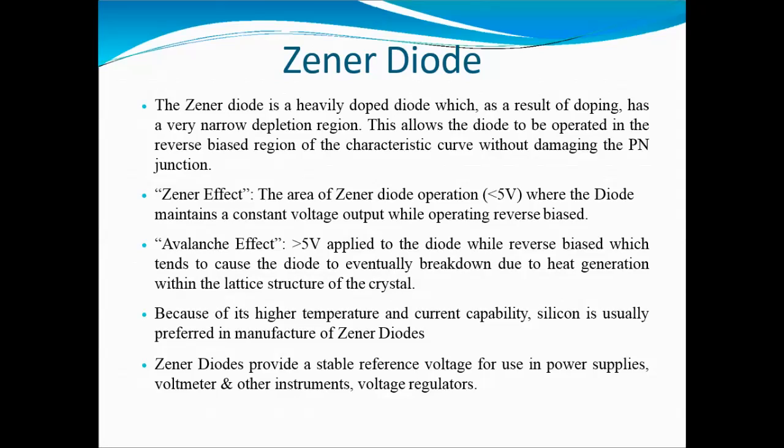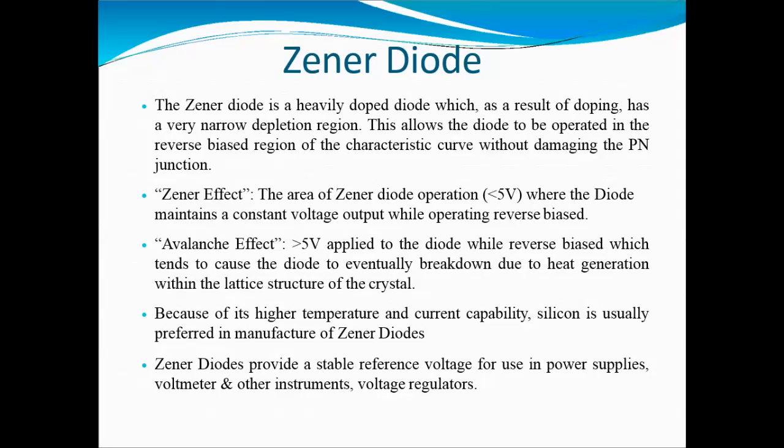Whenever an input voltage greater than 5 volts is applied to the diode in reverse bias, it tends to cause the diode to eventually break down due to heat generation within the lattice structure of the crystal.